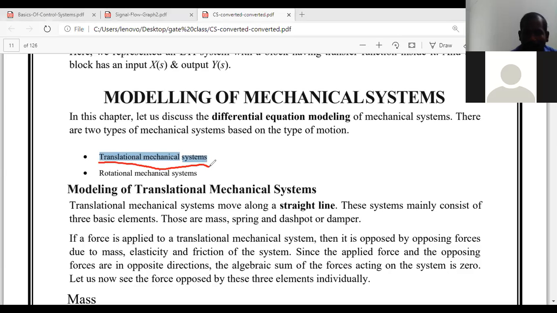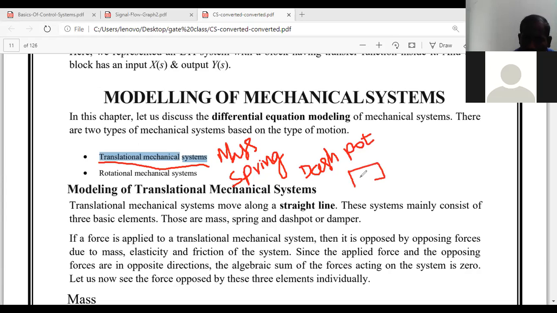Three elements only: mass, spring, dashpot. Mass will be represented like this, as M. Spring will be represented like this.